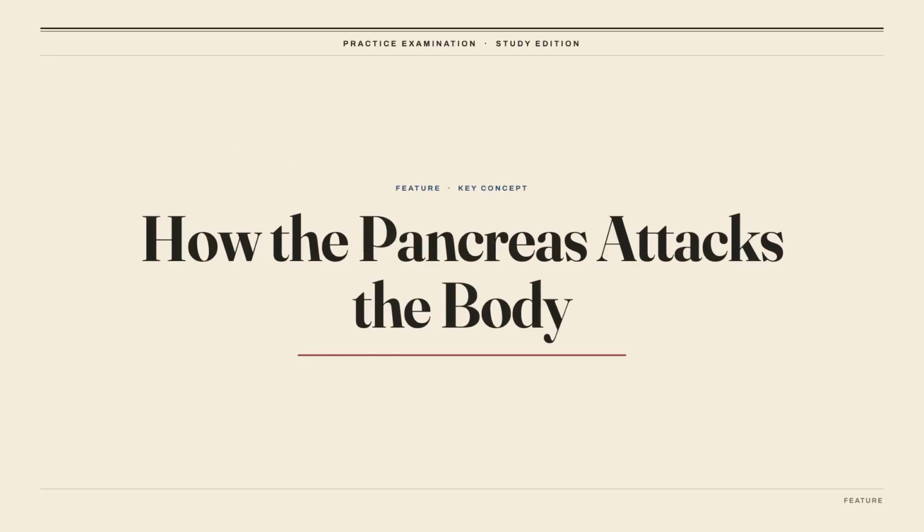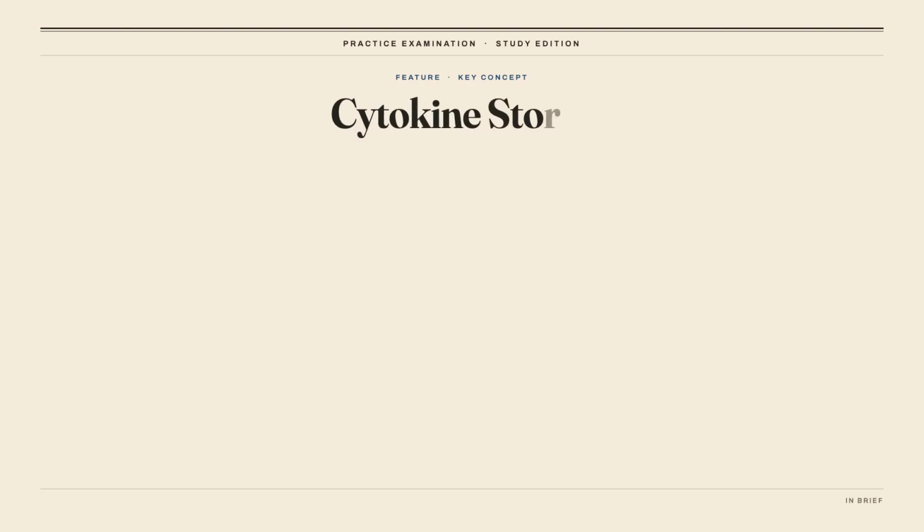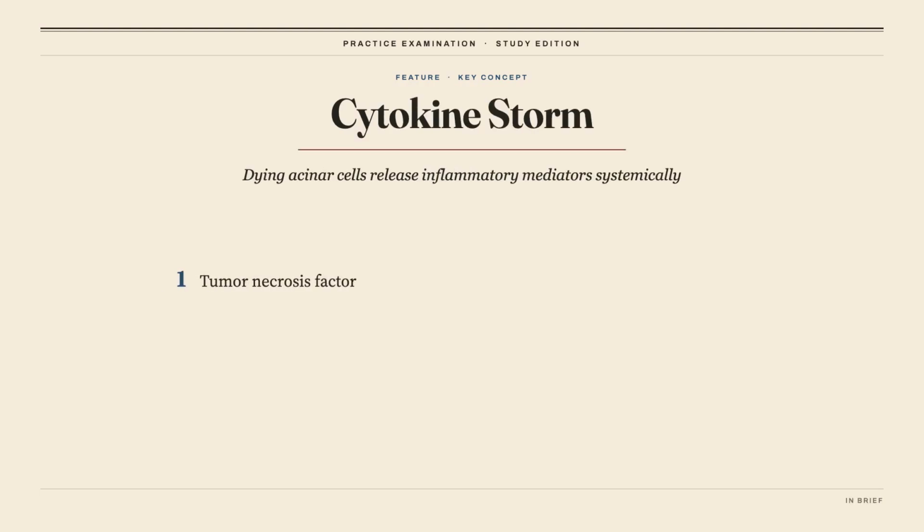Patients with severe pancreatitis sometimes die without ever developing an infection, and the pancreas itself is far too small to kill through organ loss alone. The real killer is what the dying gland sends into the bloodstream. Dying acinar cells and activated enzymes flood the circulation with inflammatory mediators, chiefly tumor necrosis factor, interleukin-1, and interleukin-6.